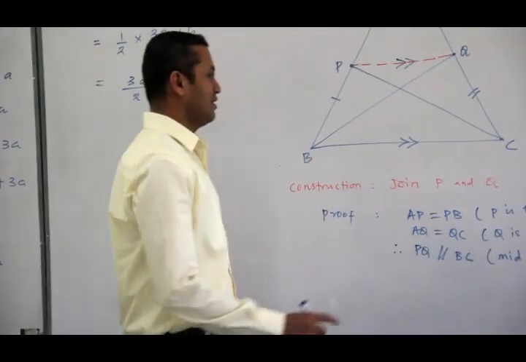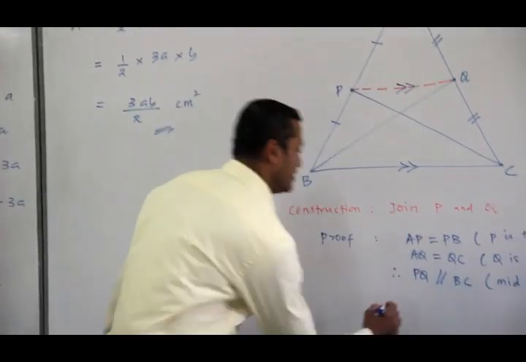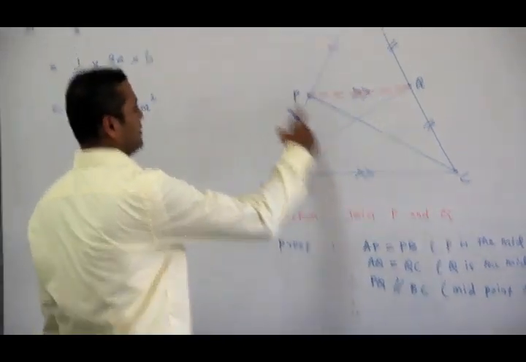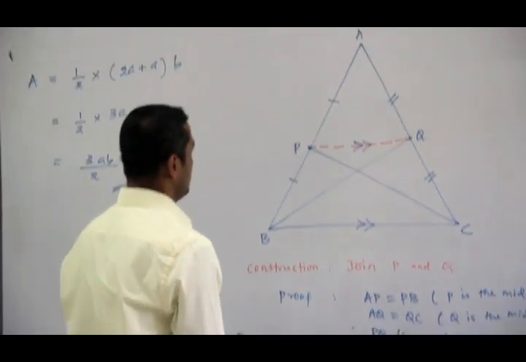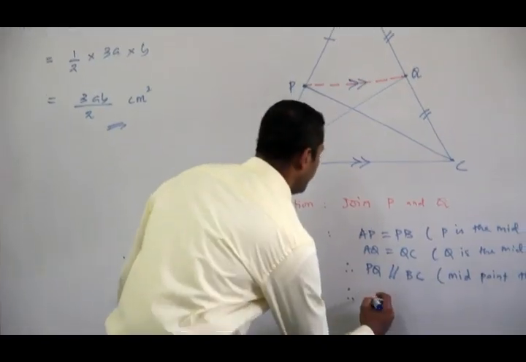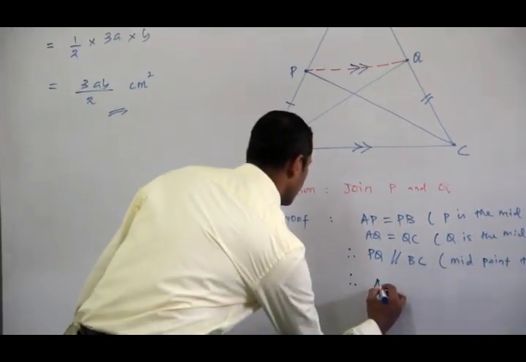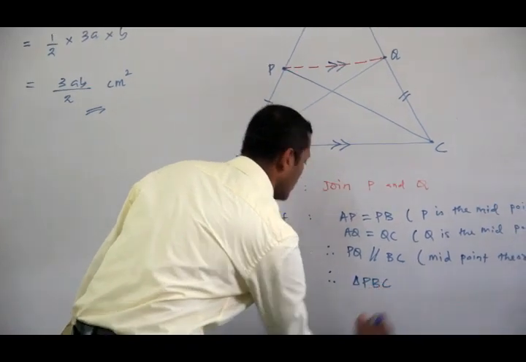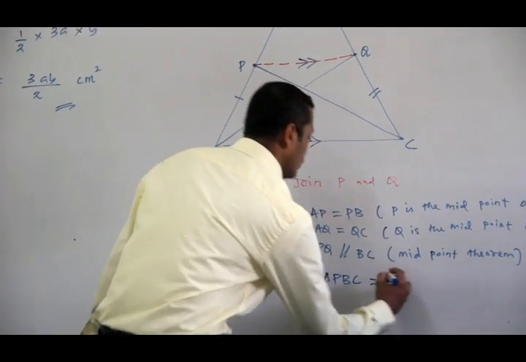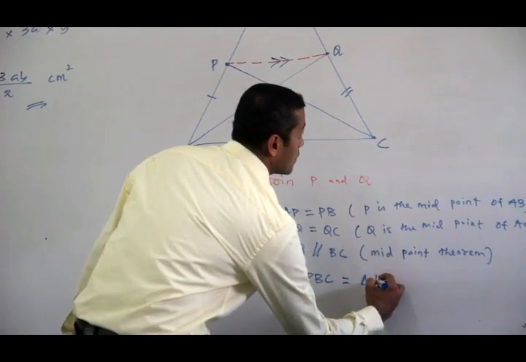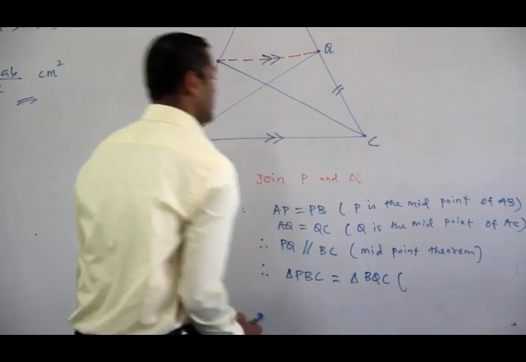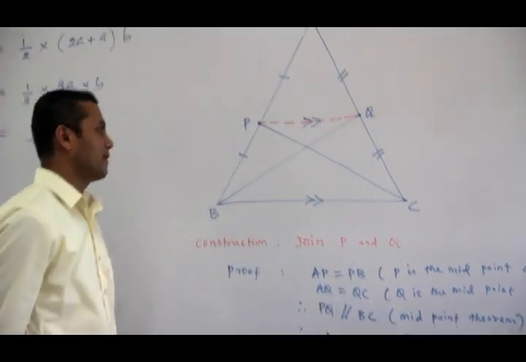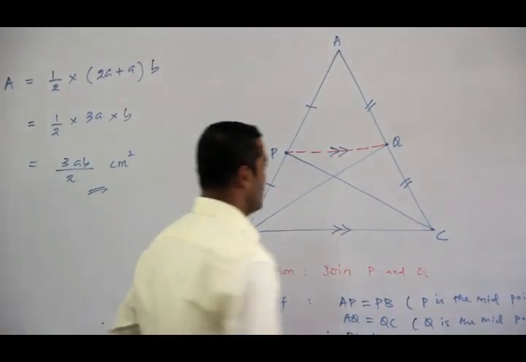Is that clear? So in the next step you can write, therefore, triangle BQC and triangle PBC are equal in area. Triangle PBC is equal to triangle BQC. Why? Because same base. What is the same base here?